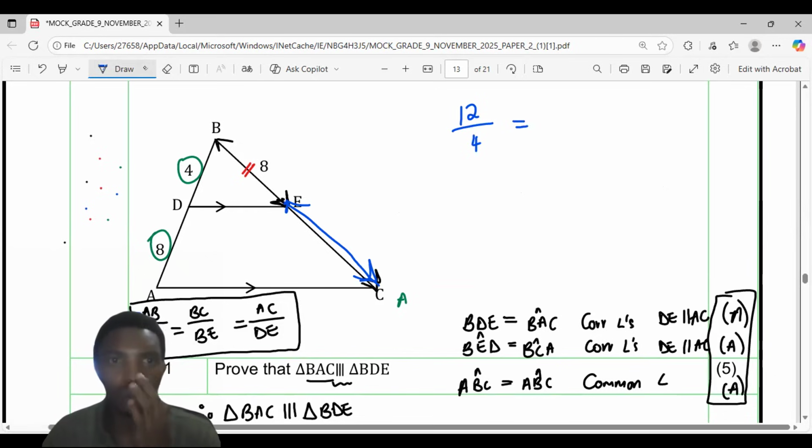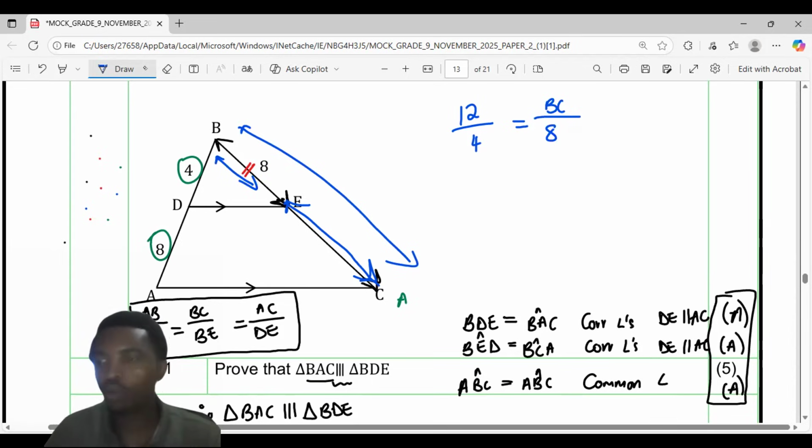It is equal to. Then we said we don't know how much BC is, that whole length. So we're going to write it as BC over that small one that we know, which is 8. From here, we solve for BC.